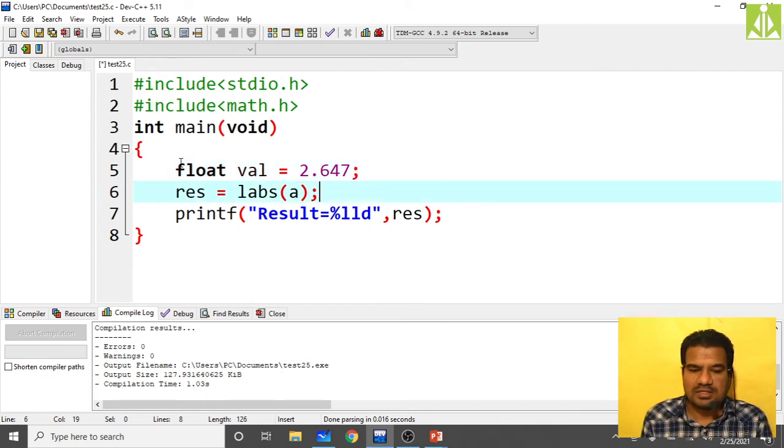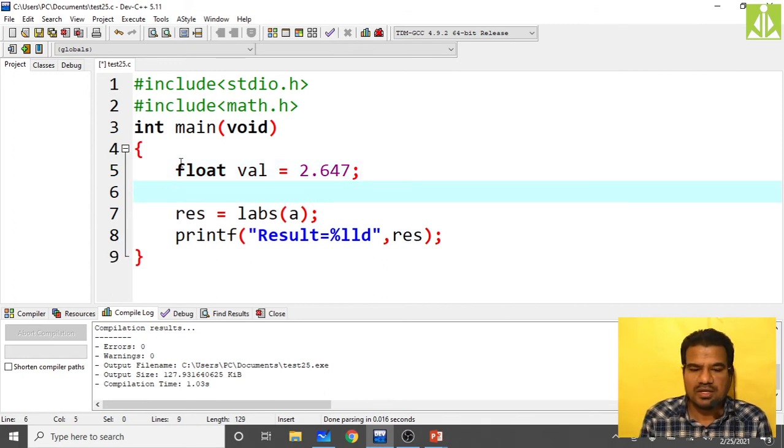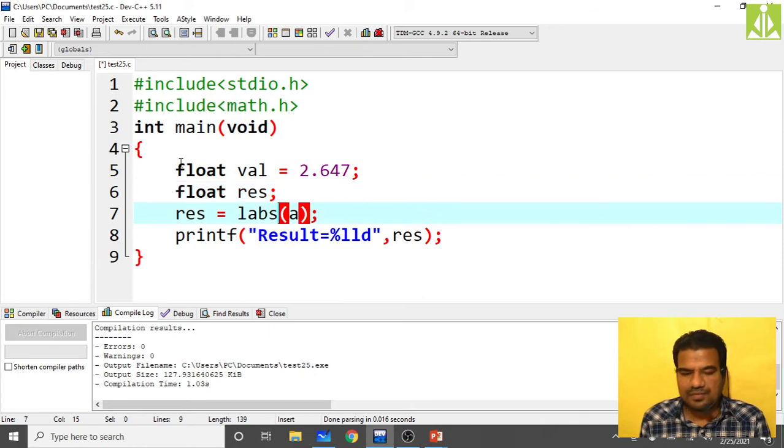Now result, I'm declaring result, also we need to declare. That also we need as a float, res. Then result equals, which function do I have to use in order to calculate the ceil value? Ceil function, but our variables are of type float, so we need ceilf. So convert that val, because our value is in the val variable.